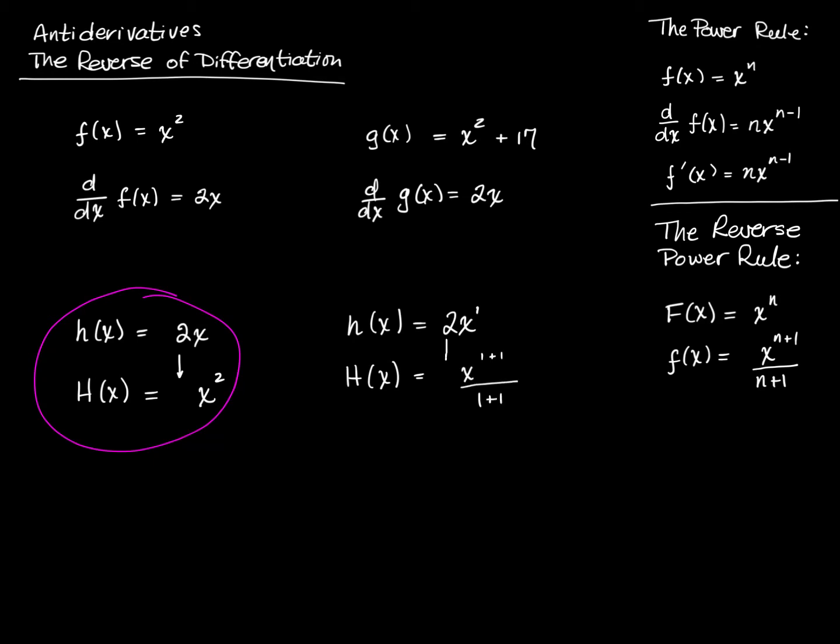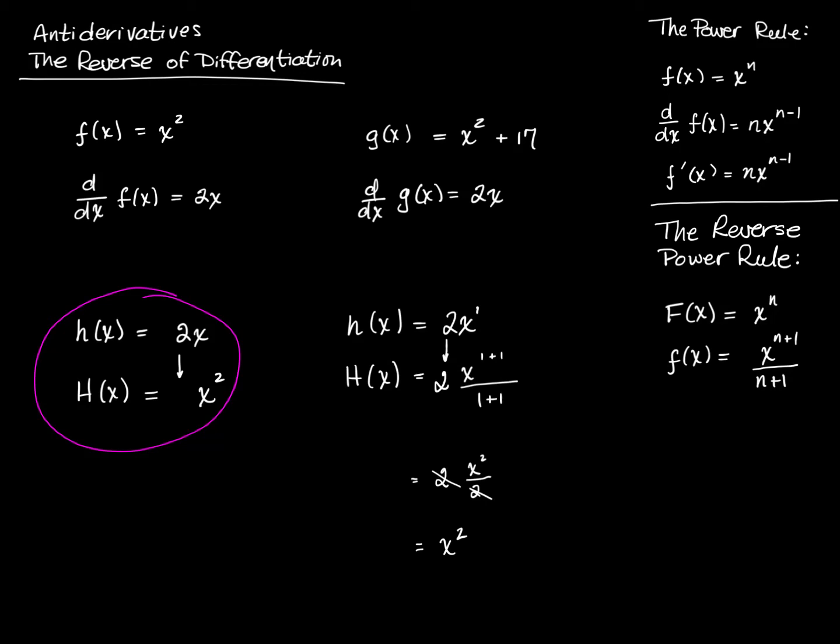As with differentiation, we carry the constant coefficient down in front, and that means that our antiderivative is 2 times x to the power of 2 all over 2. If we cancel the 2's, we get x squared, which is exactly what we were expecting.